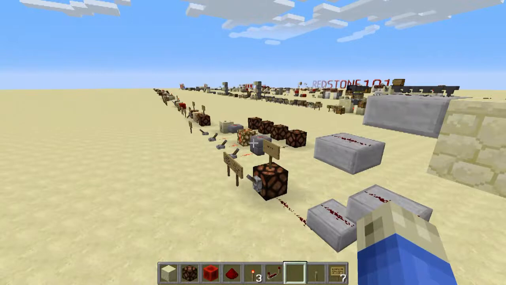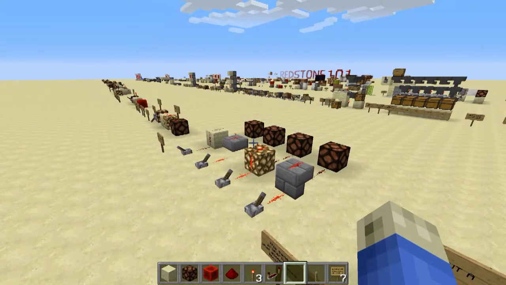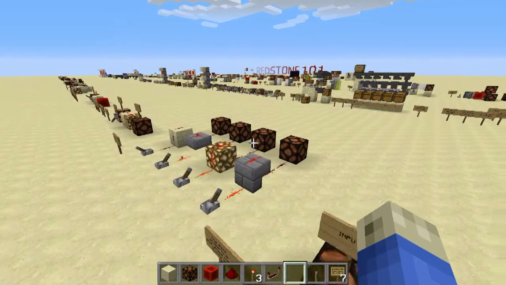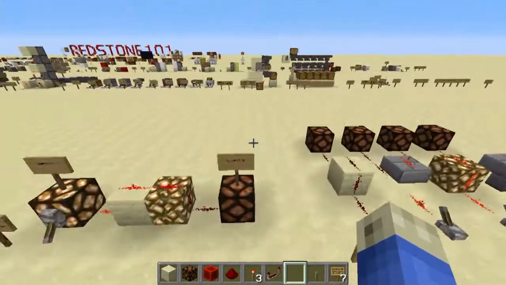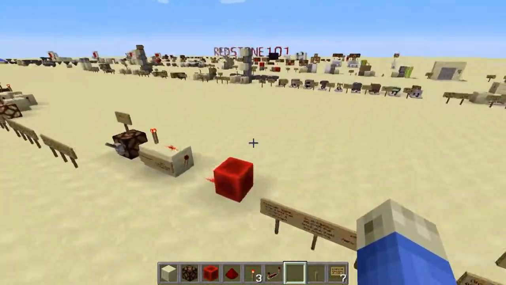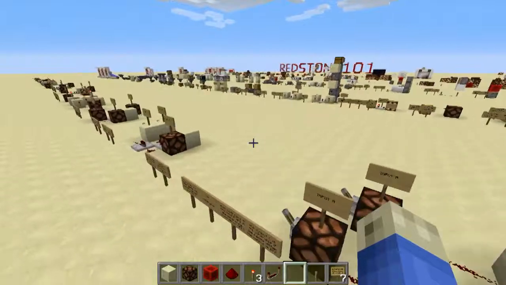So, I hope this has been an informative lesson for you guys. These basic circuits should be helpful in tying together various devices in your homes that you've been making, sorting systems and switches and lights and doors, all kinds of good stuff.